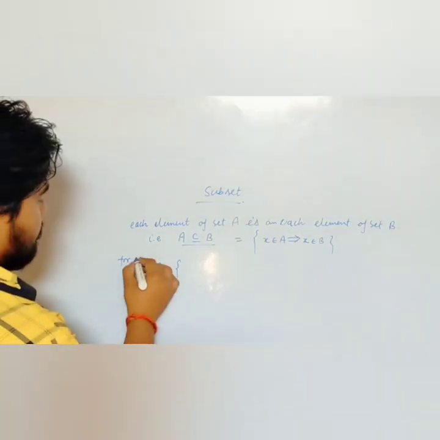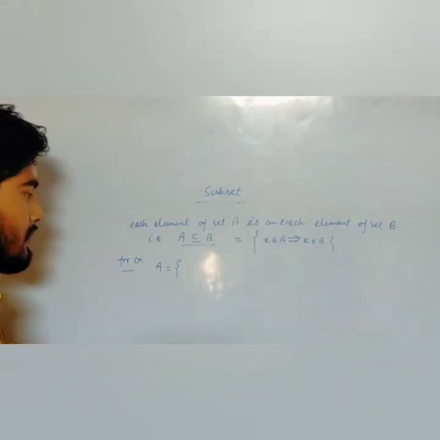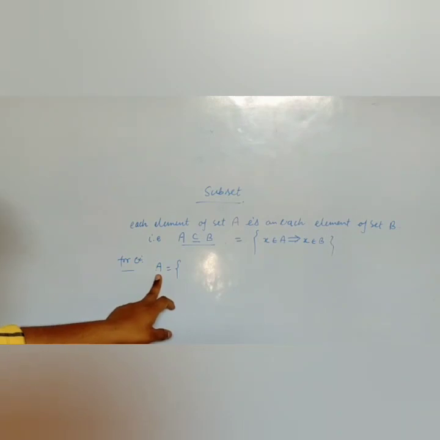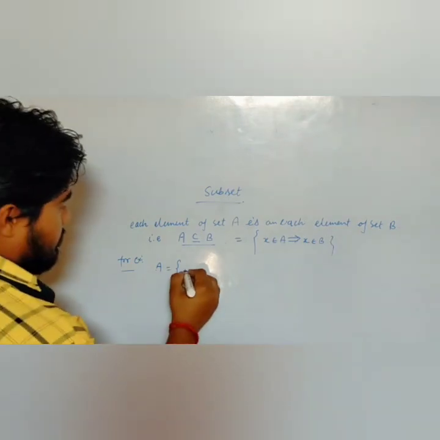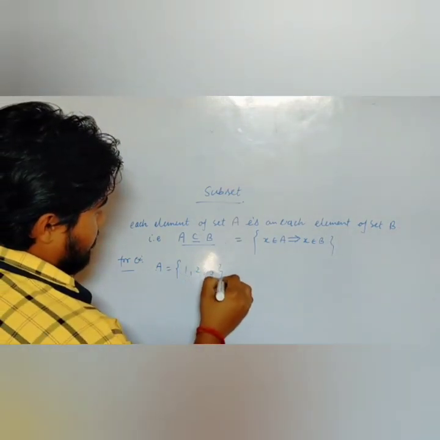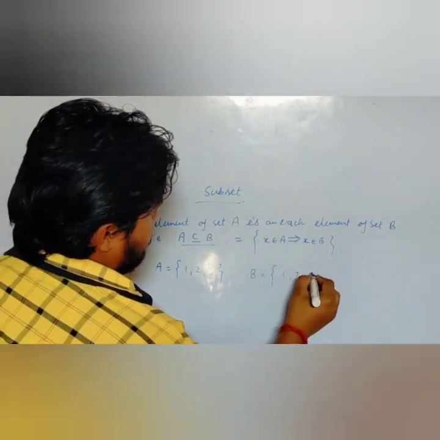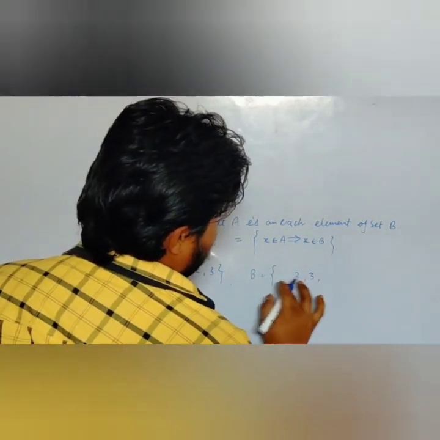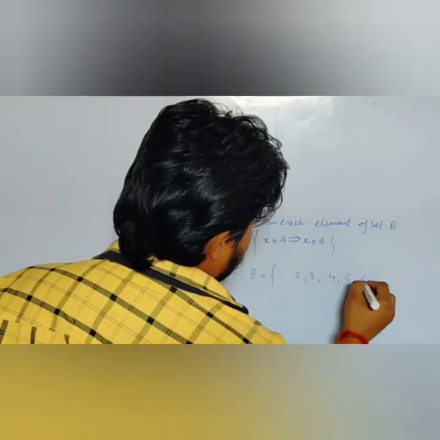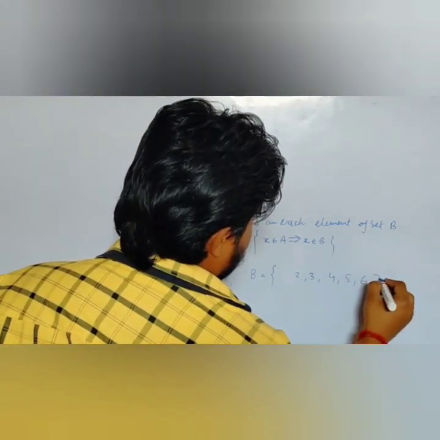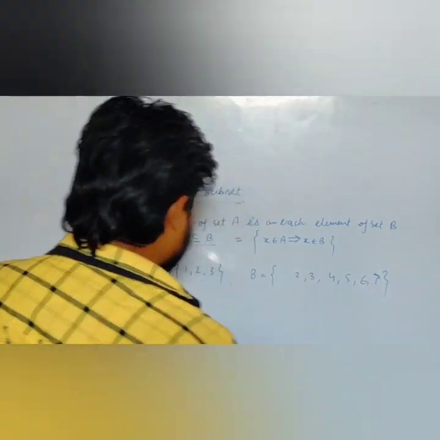For example, set A is 1, 2 and 3, and set B is 1, 2, 3, 4, 5, 6 and 7.